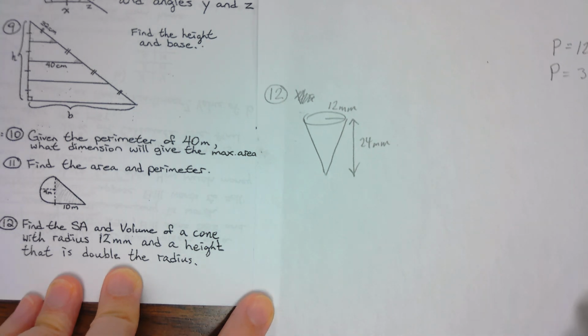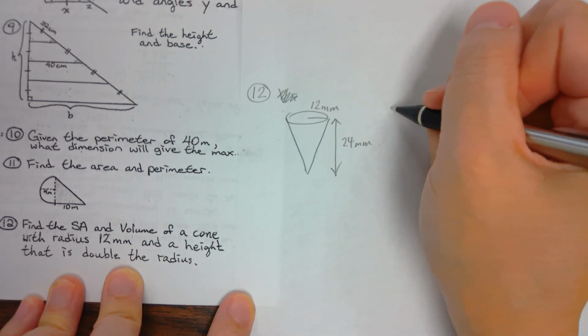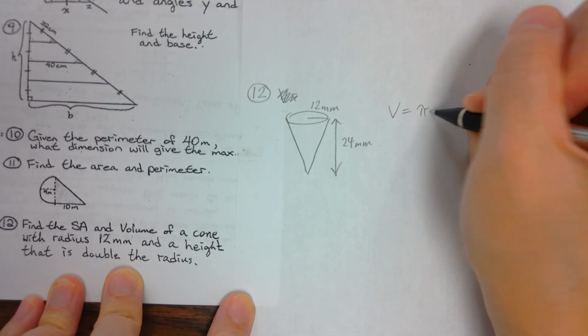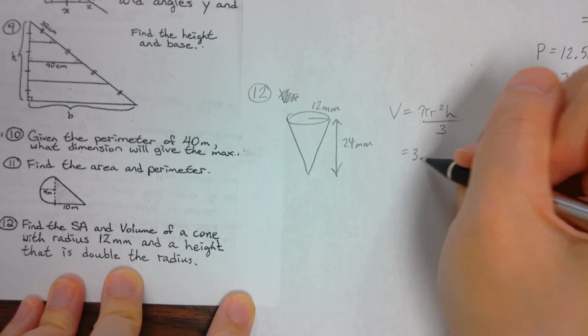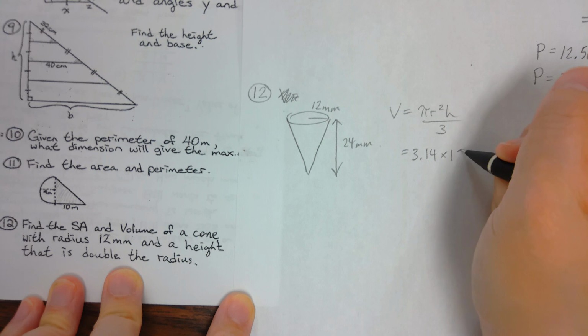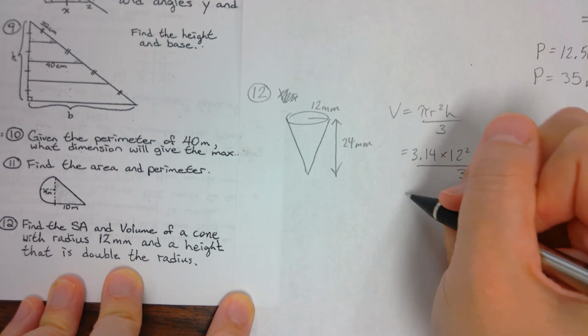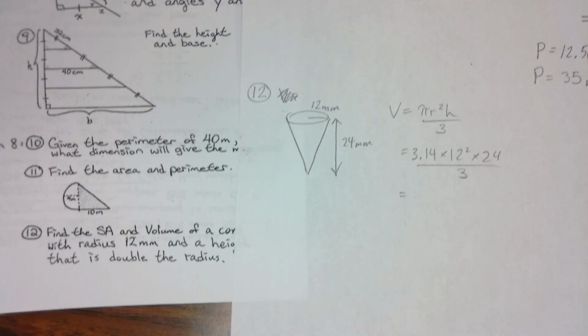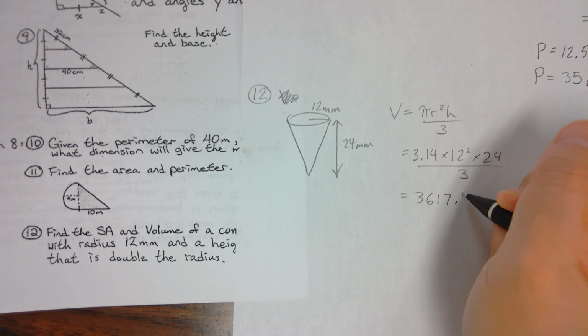Okay, so volume is pi r squared h divided by 3. So 3.14 times 12 squared times 24 divided by 3. Okay, 3.14 times 12 times 12 times 24 divided by 3, 3,617.3. What is my unit?